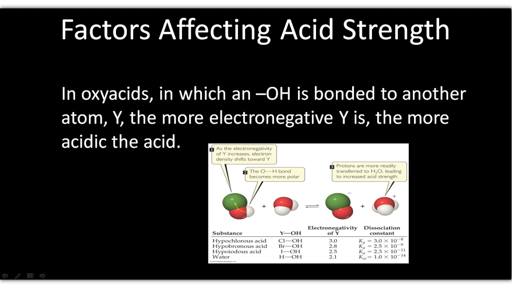Another example, something we can look at in regards to how a hydrogen is pulled apart, is the electronegativity of that particular atom again. So if we compare these oxyacids, we can see that the hypoiodous acid listed down here is a relatively weak acid compared to the hypochlorous acid.